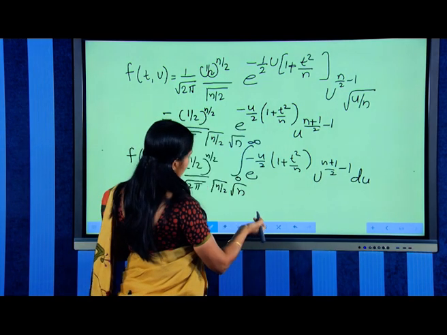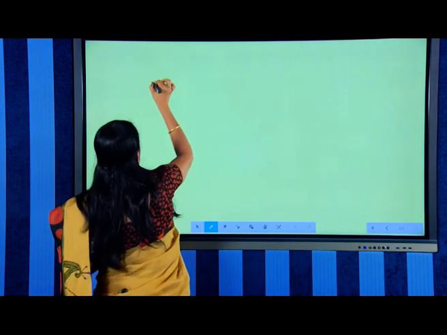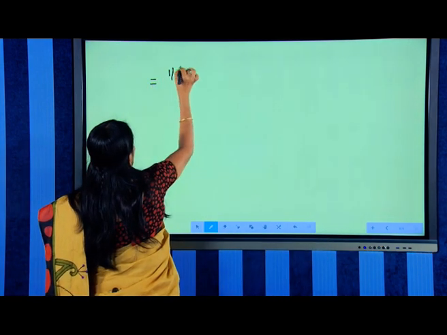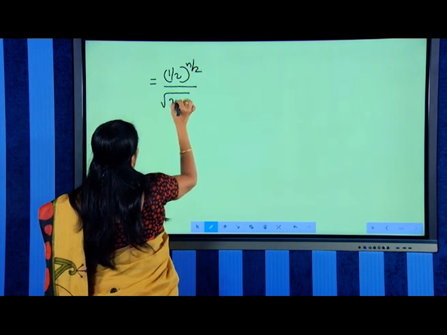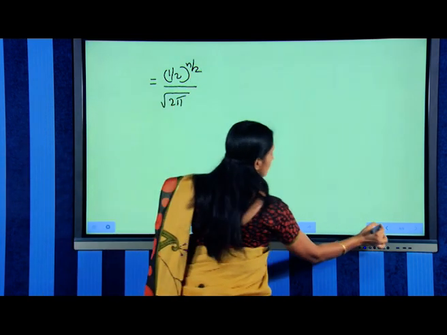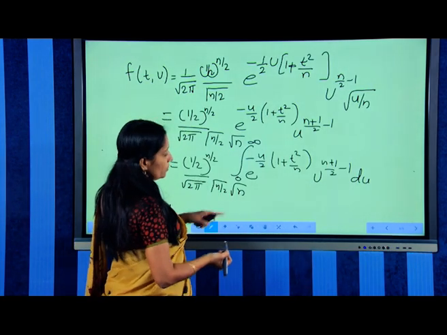Now, that is equal to (1 by 2 to the power n by 2) divided by root 2 pi gamma n by 2 into root n.